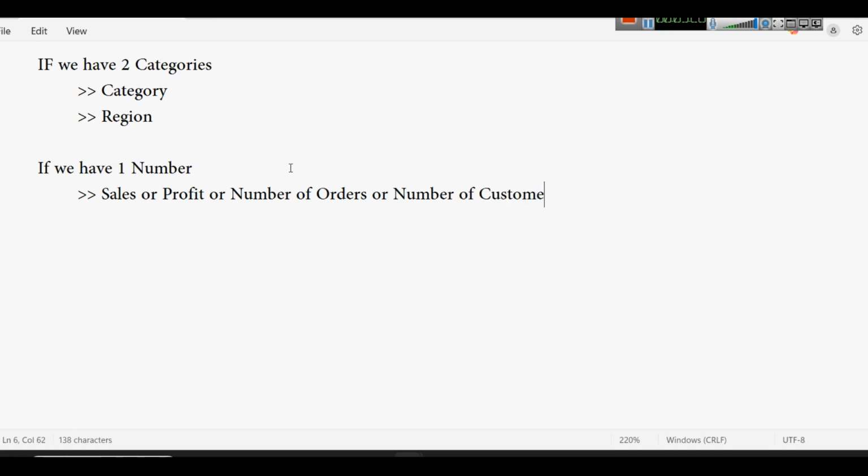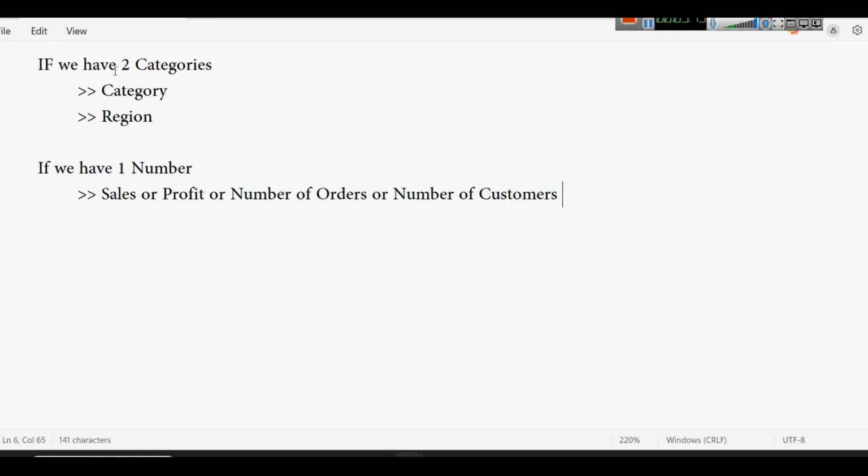So we are going to see all of these things, how to do this. But we'll start with sales. Sales or profit are directly given, and we will also do something with number of orders and number of customers. How to find that? Like how many orders are there and how many customers are there.